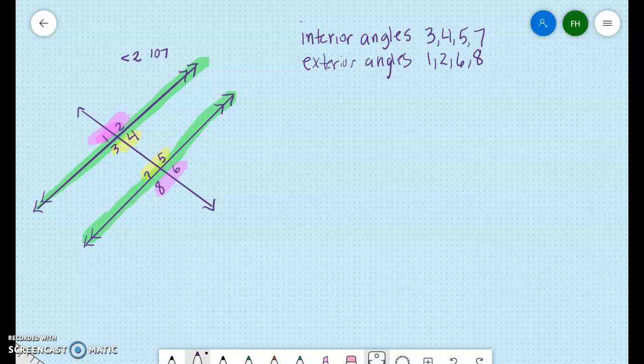Okay, so we know that angle 2 is 107. Another relationship here is what we call vertical angles.